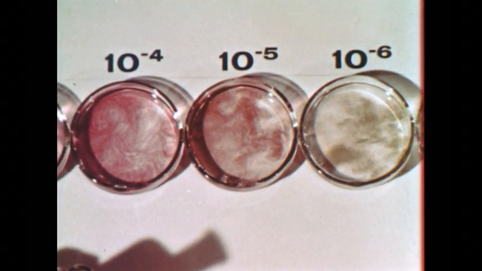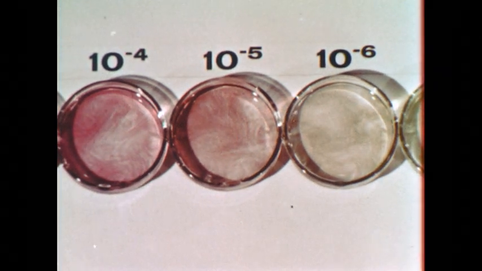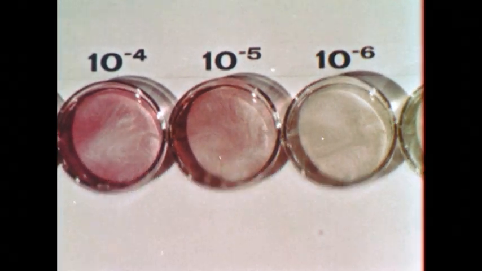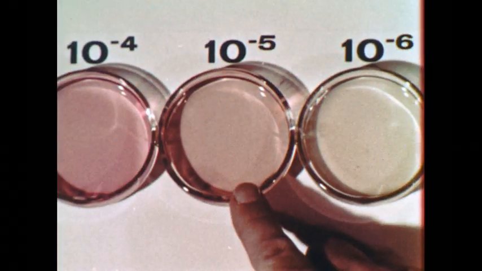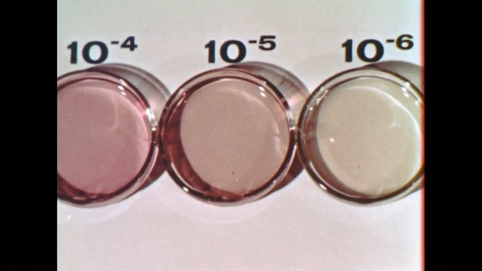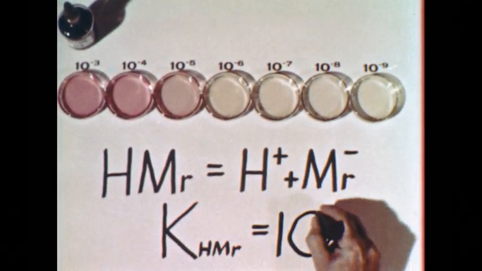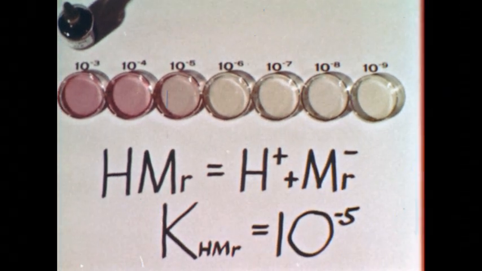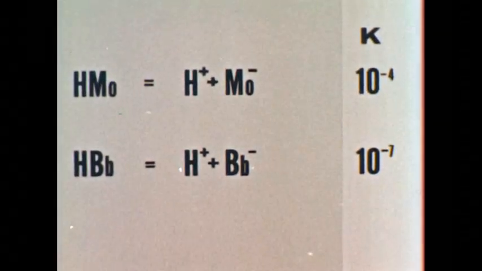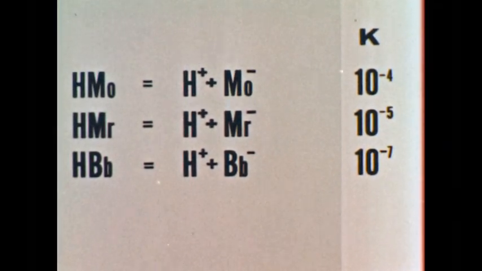The intermediate color appears at 10 to the minus 5th molar hydrogen ion concentration. The acid, methyl red, therefore, has an ionization constant of about 10 to the minus 5. Methyl red is a weaker acid than methyl orange, but stronger than bromothymol blue.